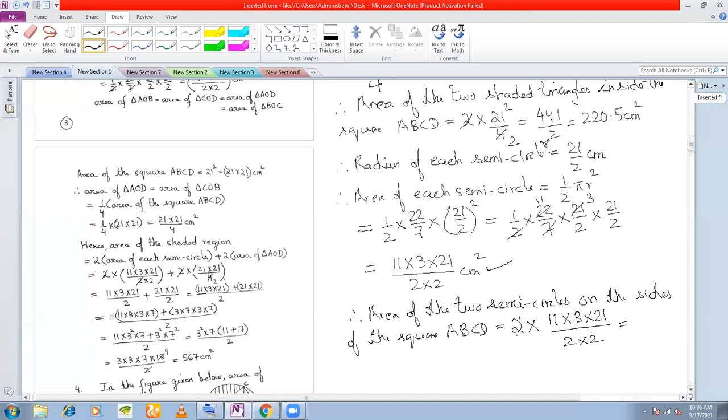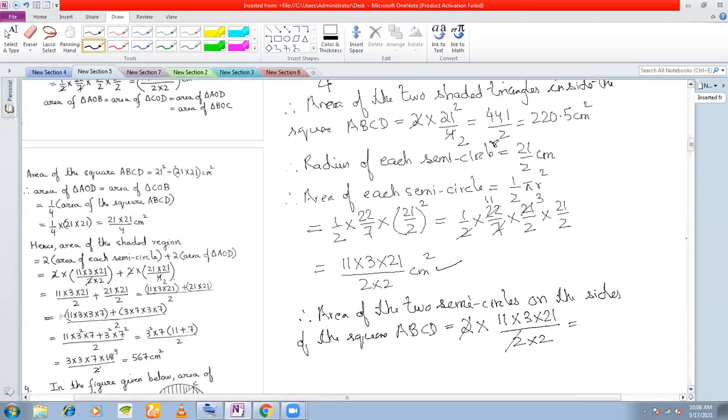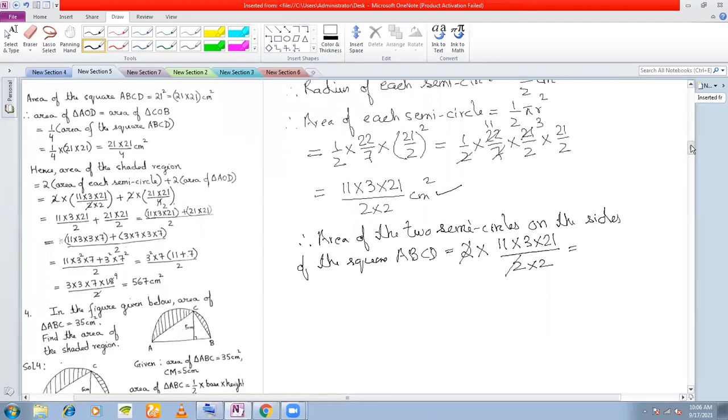So what happens? This 2 gets cancelled. Right? So therefore, you can calculate this here. You get 346.5 centimeter square. This is the area of the two semicircles on the two sides.